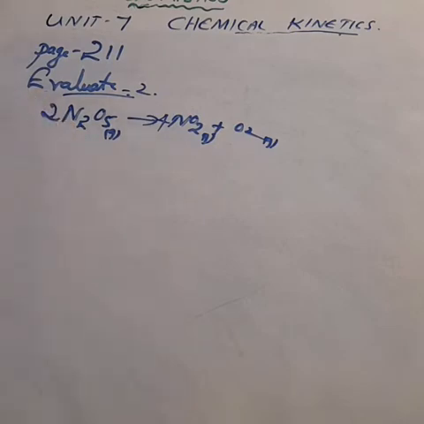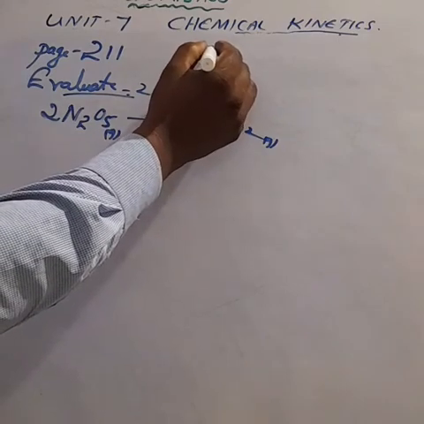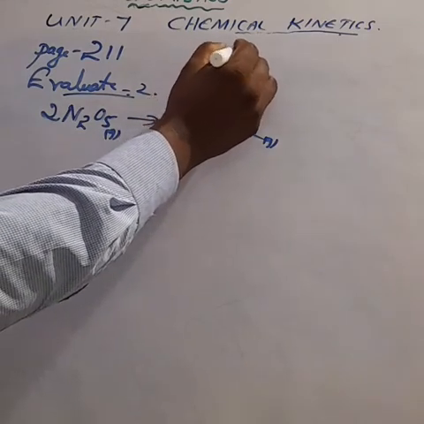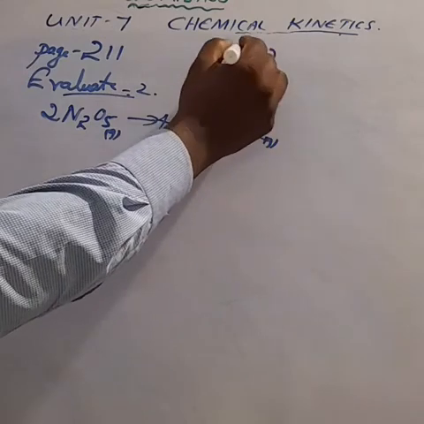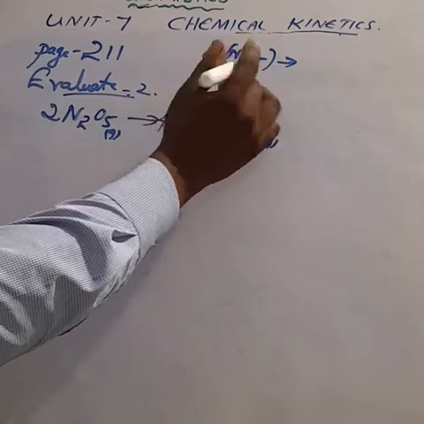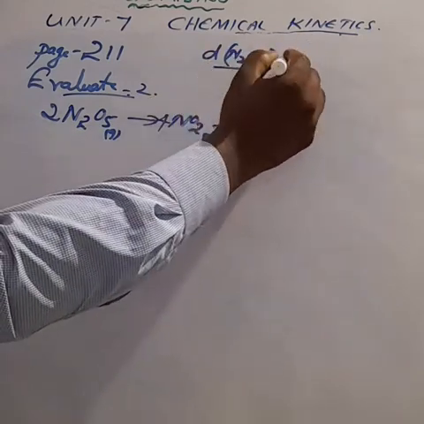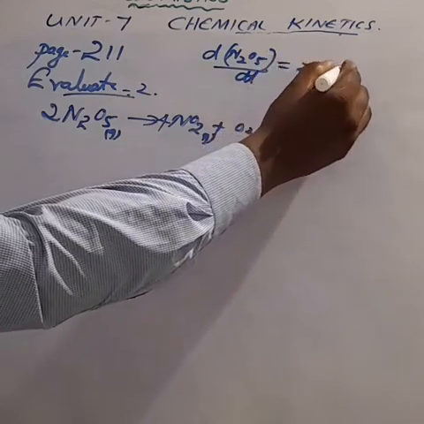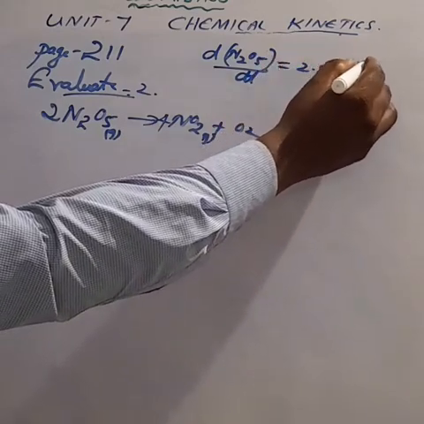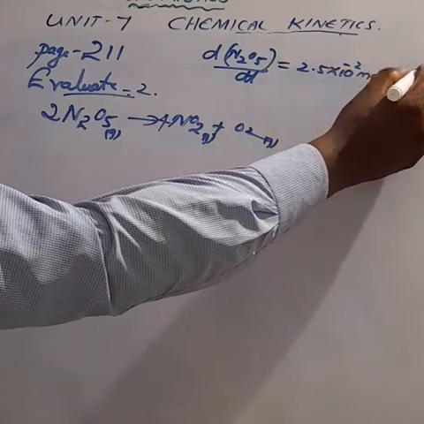Now we have to write the rate. First, which are given and which we have to find. N2O5 is given. Am I right? So d concentration of N2O5 by dt is equal to the given 2.5 into 10 raised to minus 2 mole dm raised to minus 3 second inverse.